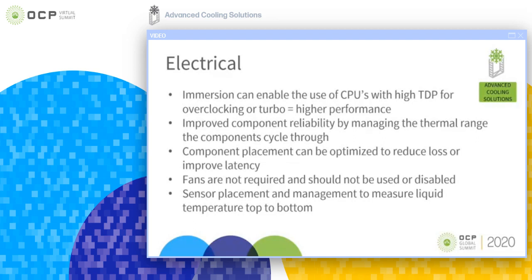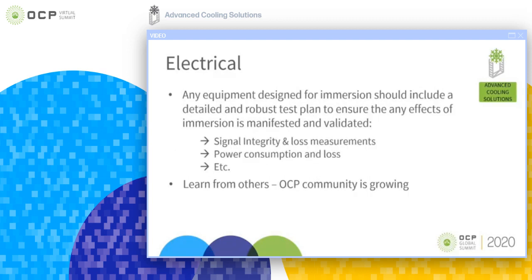Fans aren't required. I think everybody knows that. And sensor placement throughout the system is really important to understand what's going on with the liquid cooling from top to bottom.